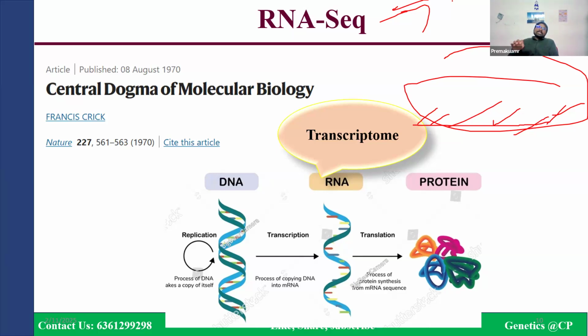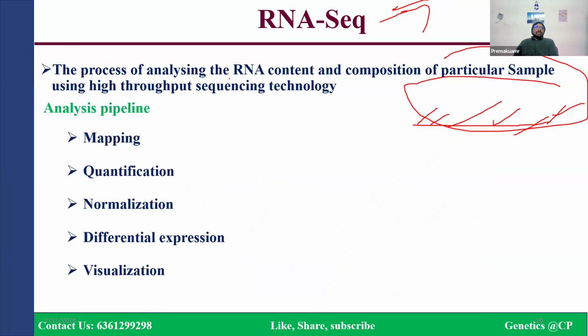Transcriptomics nowadays has become RNA-seq. RNA-seq is the process of analyzing the RNA content and composition of a particular sample using high-throughput sequencing technology. We already discussed the different technologies available; generally Illumina-based platforms are used.